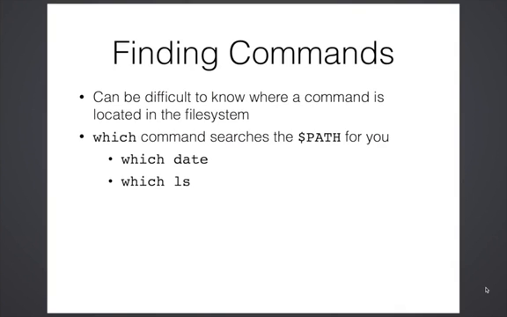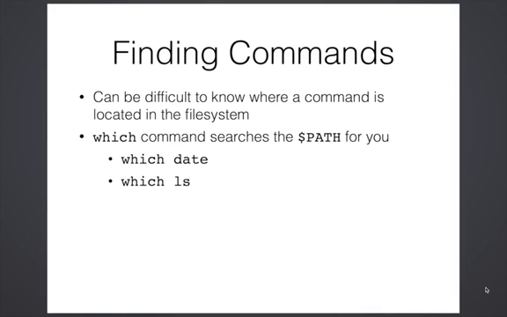There can be a number of directories in different places where utilities and executable commands can live on a Unix and Linux system. It can be difficult to know where a command really is, and so there's a command on the system called which, that will search through your path and find the command for you. It tells you where in your path structure that command lives.